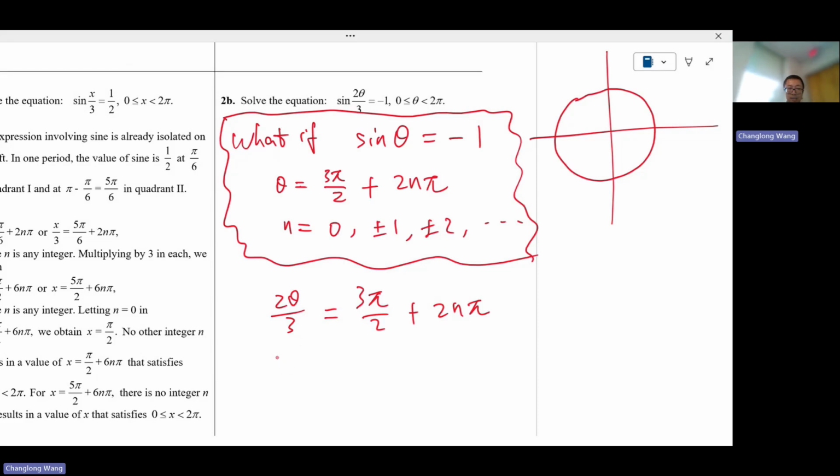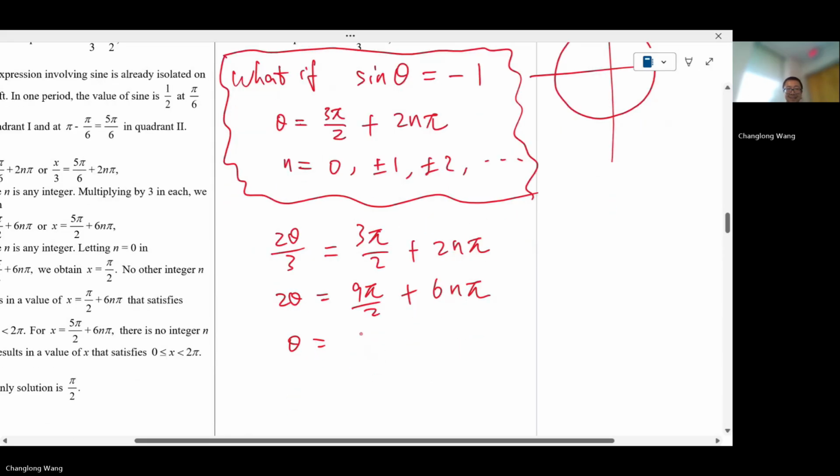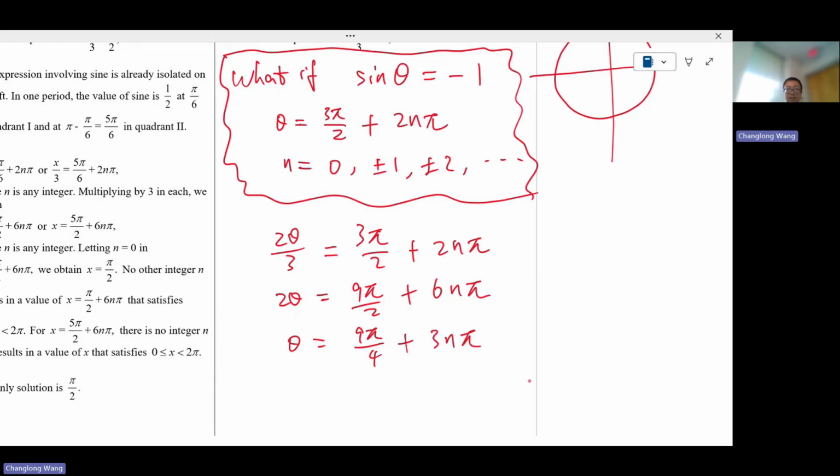So it'll be 2 theta equals, unfortunately, some ugly numbers, right? 9 pi over 2 plus 2 times 3, so it'll be 6 pi. Divide out the 2, yes. Right, so 9 pi over 4 plus 3 pi, right? So are we good? Okay. And the n does the same thing, right? 0, plus or minus 1, plus or minus 2.